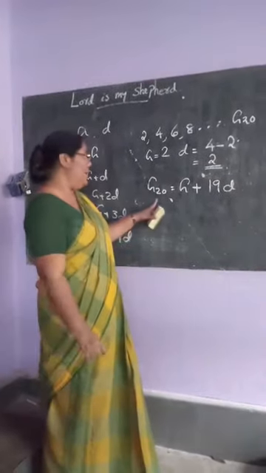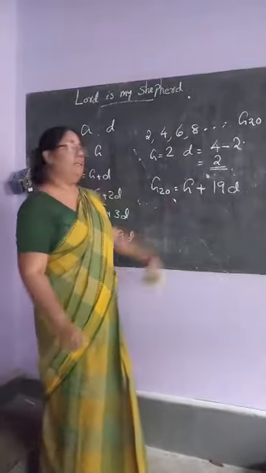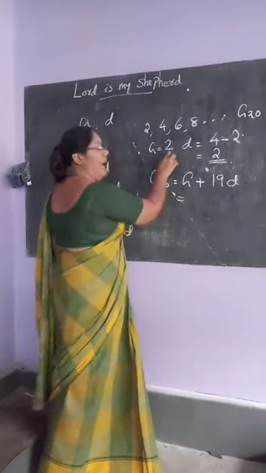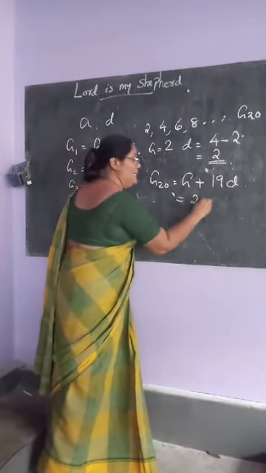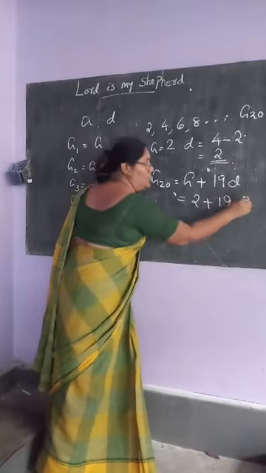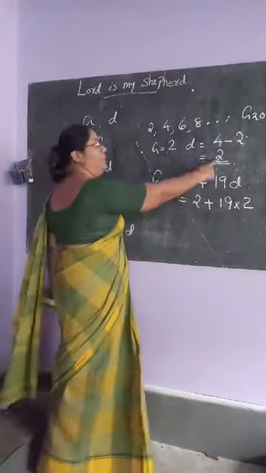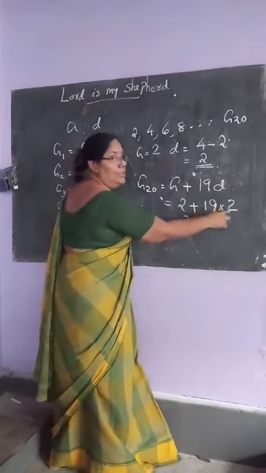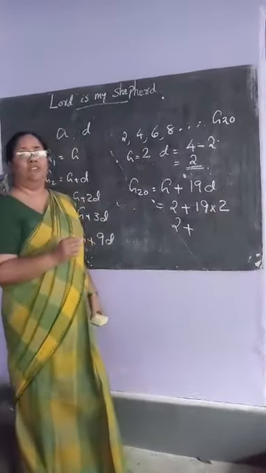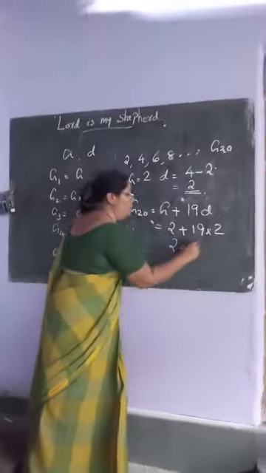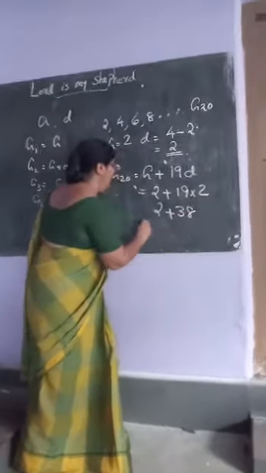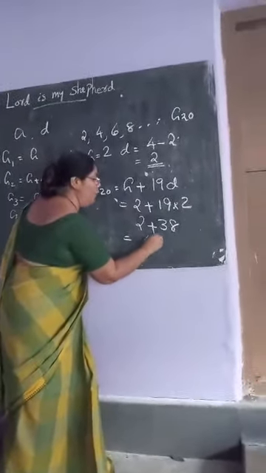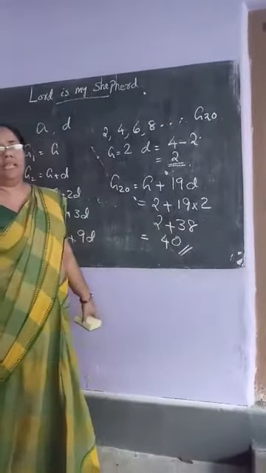What is your A? 2 plus 19 into 2. D is also 2 here. Multiplication operation first. Therefore, 19 into 2 is 38. Therefore, A20 is 40. Understand?